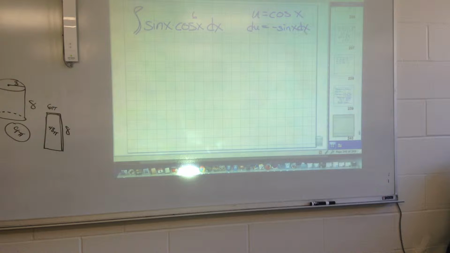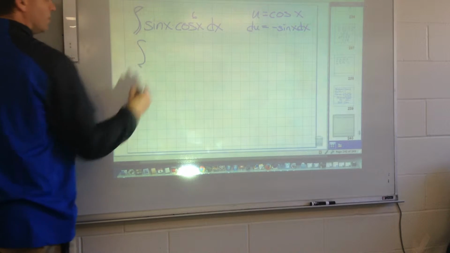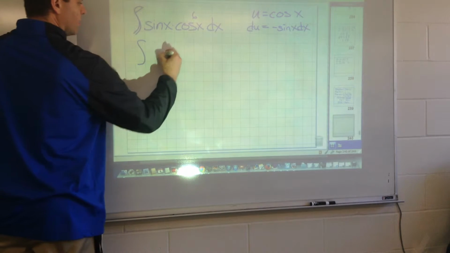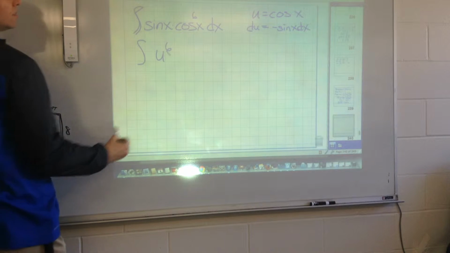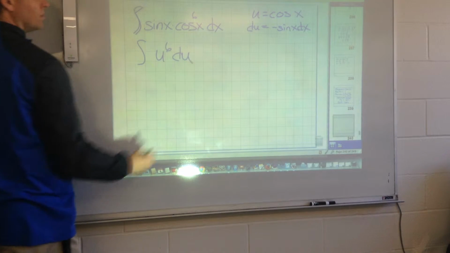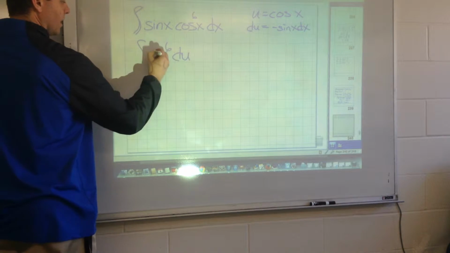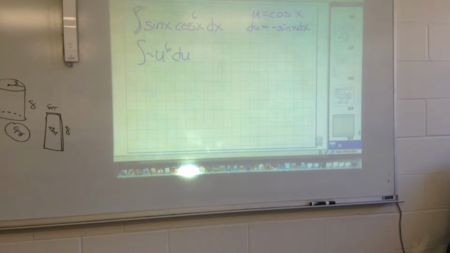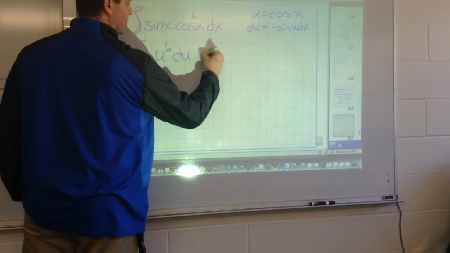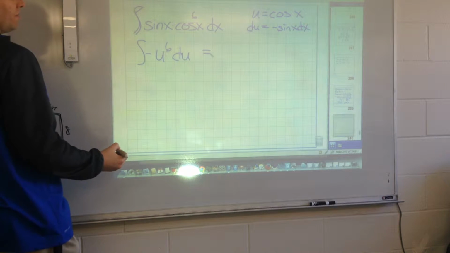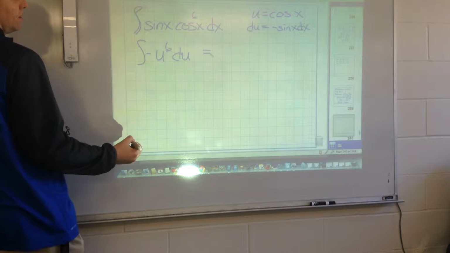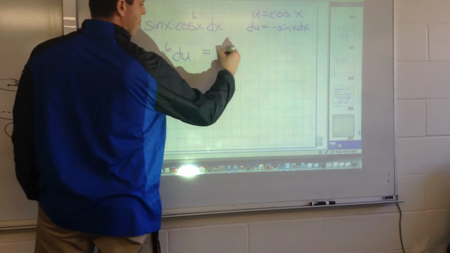So then what do we really have here? We have negative u to the 6th du, with the negative sign out in front. This is pretty simple here. The antiderivative of negative 1 times u to the 6th is negative 1/7 u to the 7th.